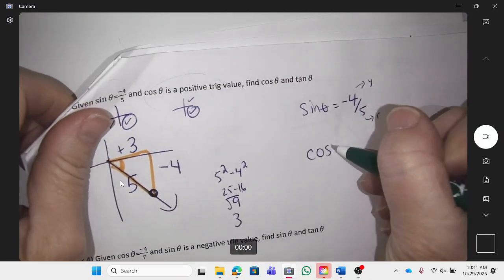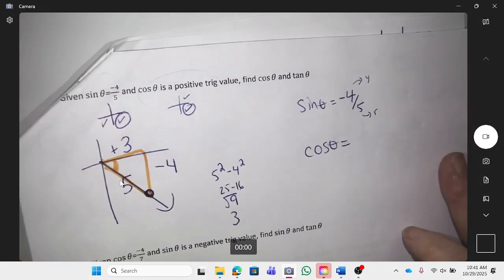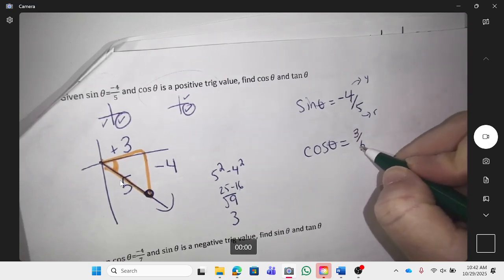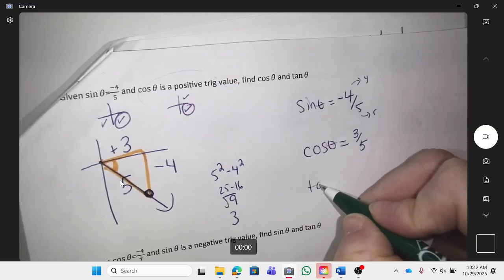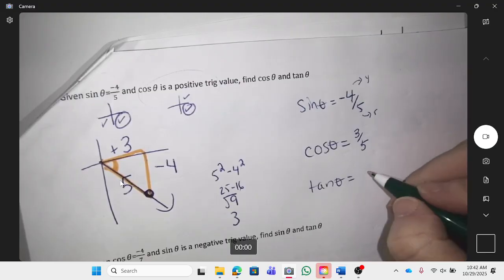Finish this out. What's the fraction trig value for cos? (3/5) X over R, or CAH. And what's the tan trig value fraction?